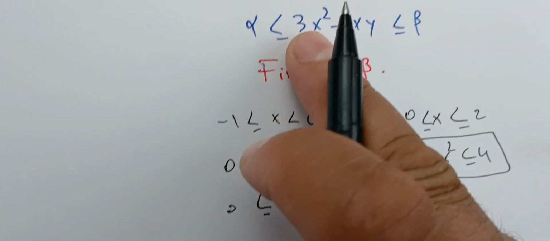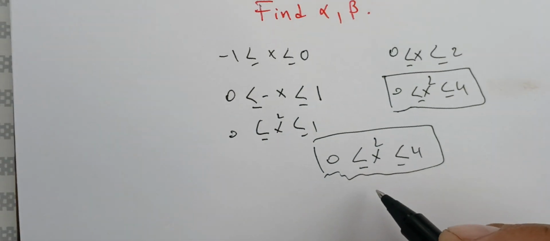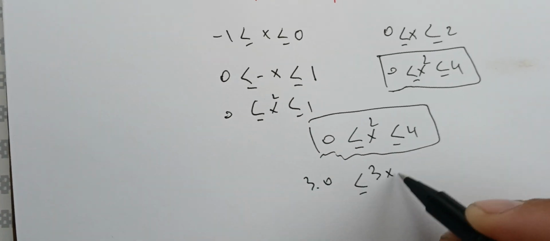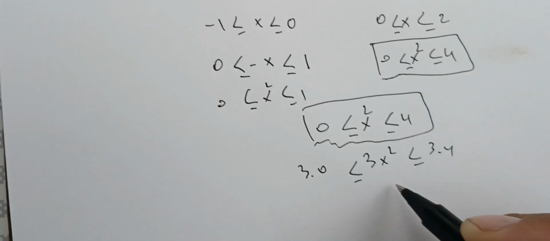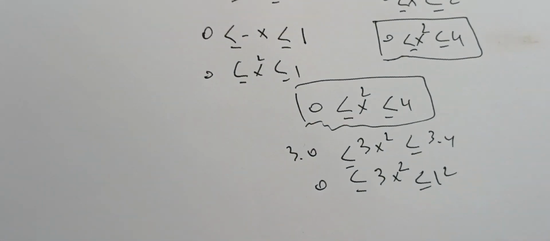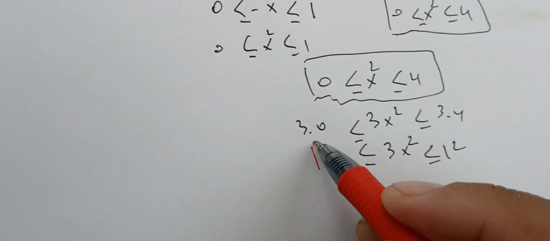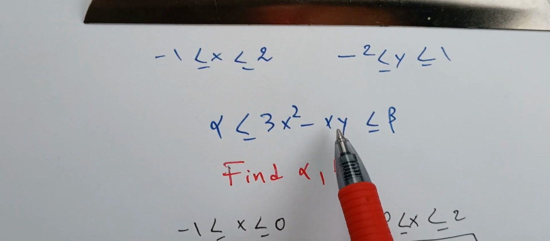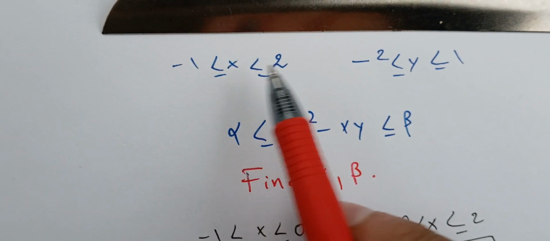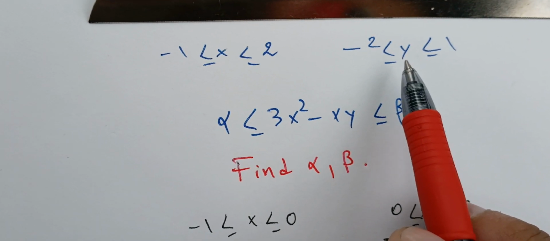Okay, to get the 3, we just multiply. So 3 times 0, 3 times x squared, 3 times 4, we get 3x squared is between 0 and 12. Okay, so we found the first part. For the second part here, we have x is sometimes negative, sometimes positive. The same thing for y.